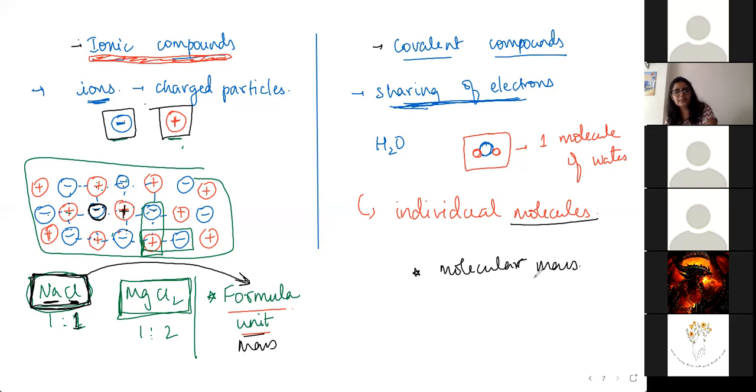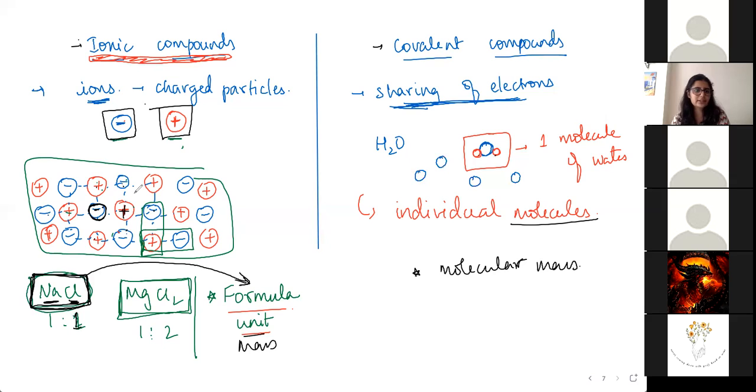And molecular mass, you use only for covalent compounds, because in covalent compounds the individual atoms are sharing electrons. So if there is one hydrogen here, it's sharing with one oxygen atom, and this is one molecule of water. If you take a drop of water and see what's going on there, you'll find individual molecules like this.